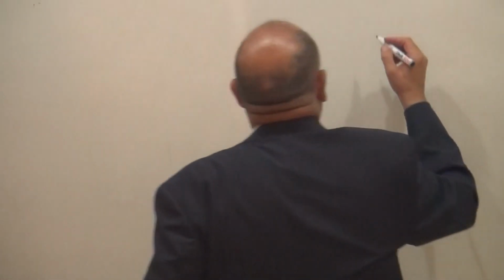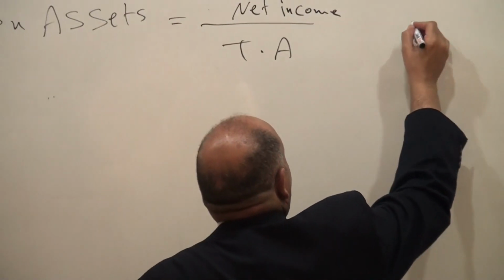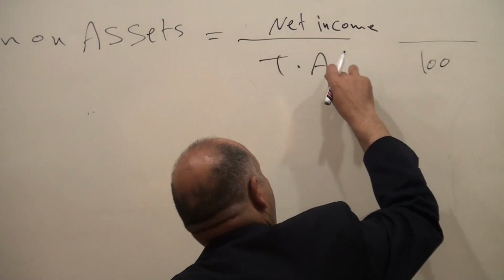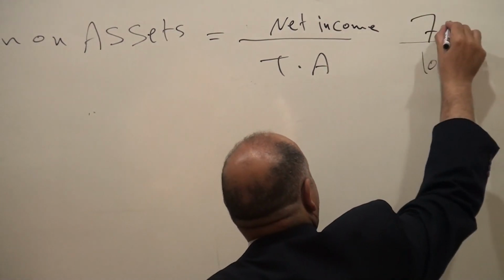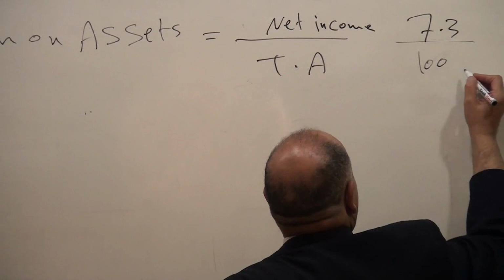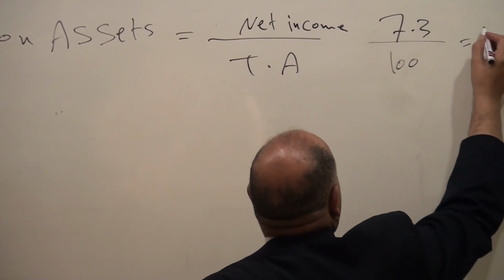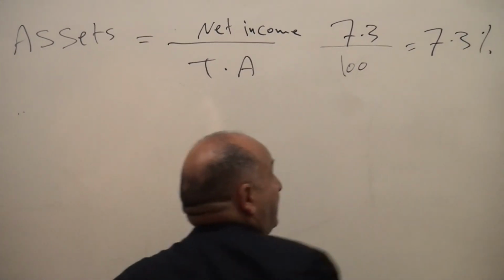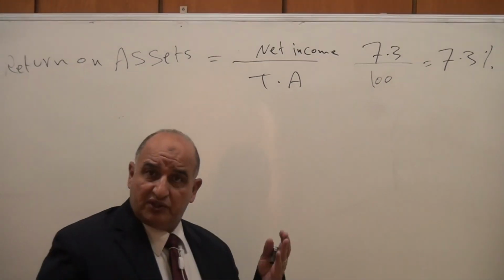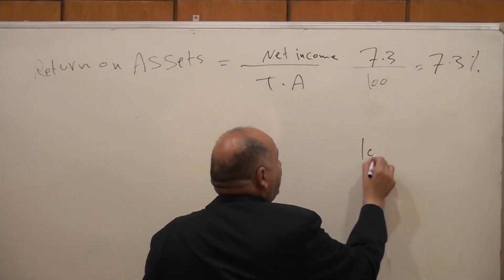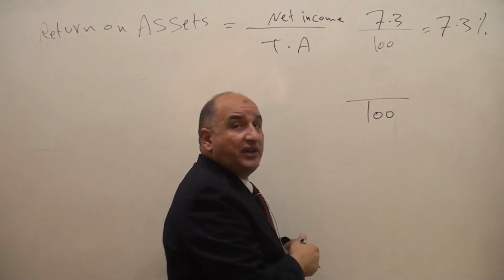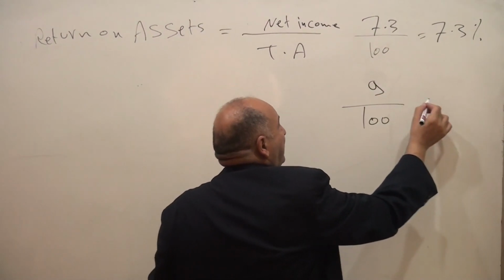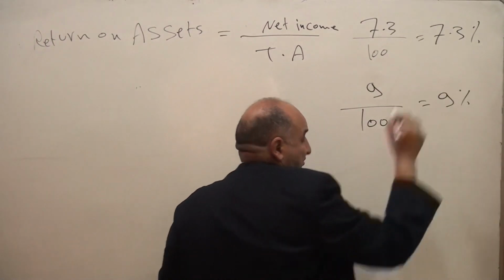It means that from each $100 invested in assets, we generate 3.7 as net income. But our competitors, from each $100 invested in assets, generate $9 as a net profit.